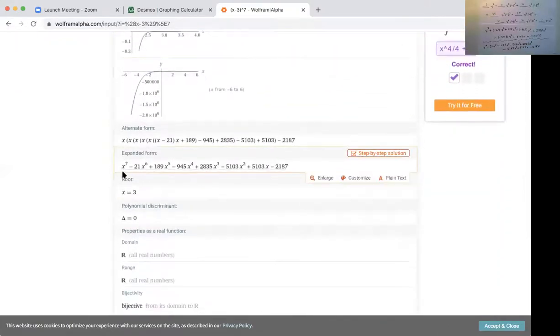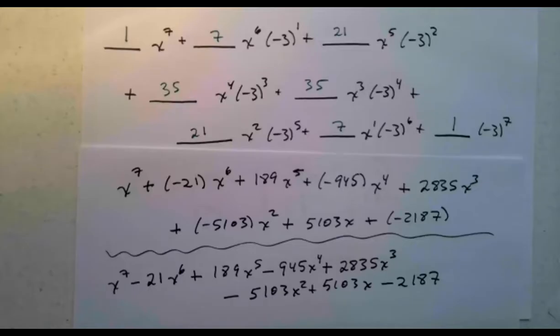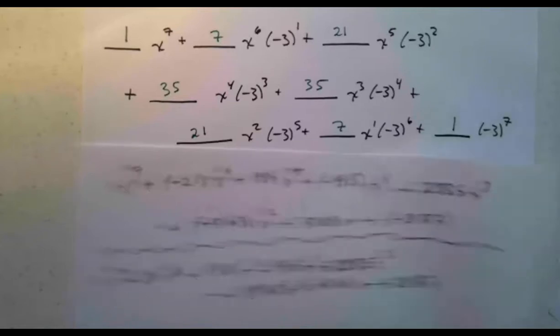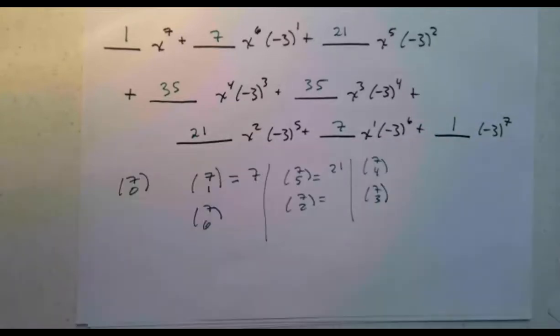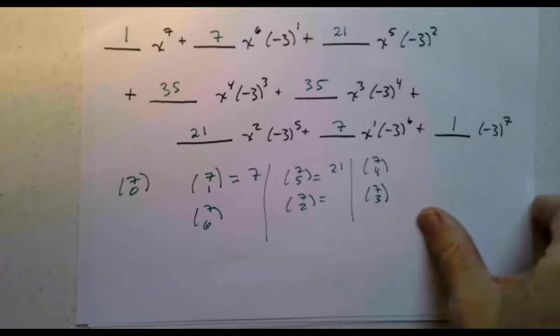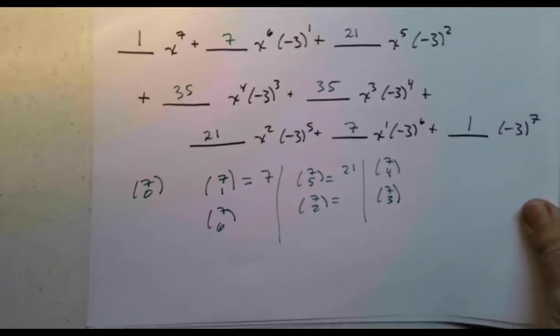And there you go. x to the 7th minus 21x to the 6th plus 189x to the 5th minus 945x to the 4th plus 2835x cubed minus 5103x squared plus 5103x minus 2187. So that looks good. Now, let's take a look at one more sort of problem.